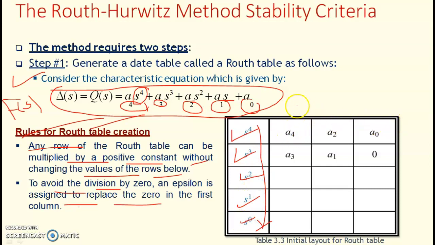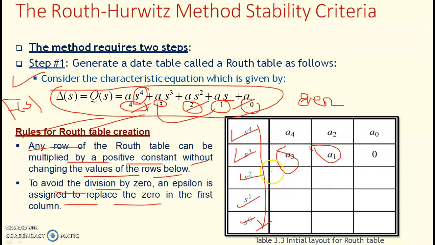In the first row, you enter the even-numbered coefficients of the polynomial, that is 4, 2 and 0: A0, A2, A4. Then you write the odd ones, 3, 1: A3, A1 and 0.